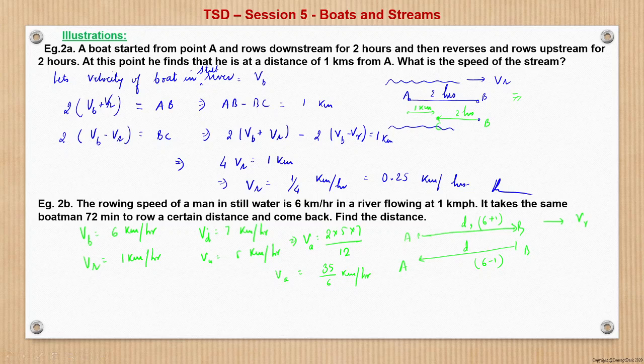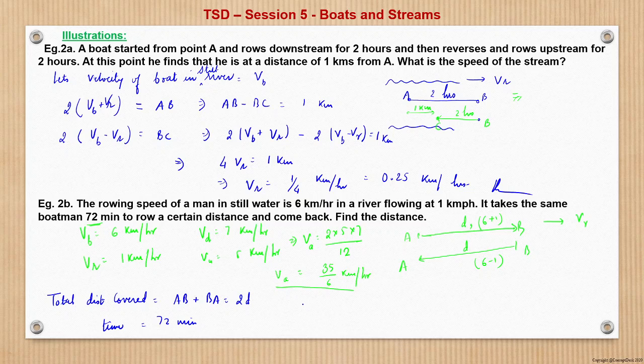Now at this average speed VA, the boat is traveling for 72 minutes and covers a total distance of AB plus BA, which will be 2D, and the time taken is 72 minutes.